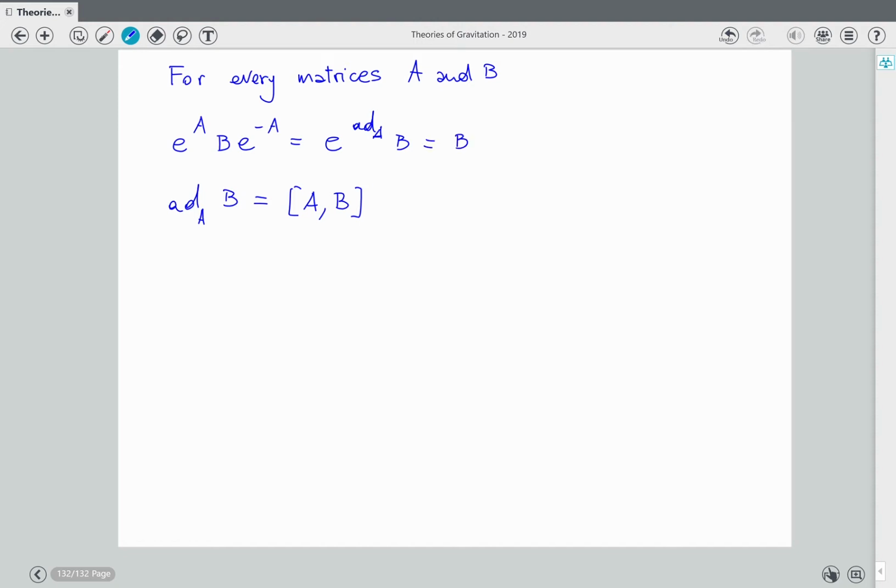So e to the x is 1 plus x, so 1 plus the commutator, plus 1 divided by 2 factorial the commutator of the commutator, and so on. And these are n commutators.